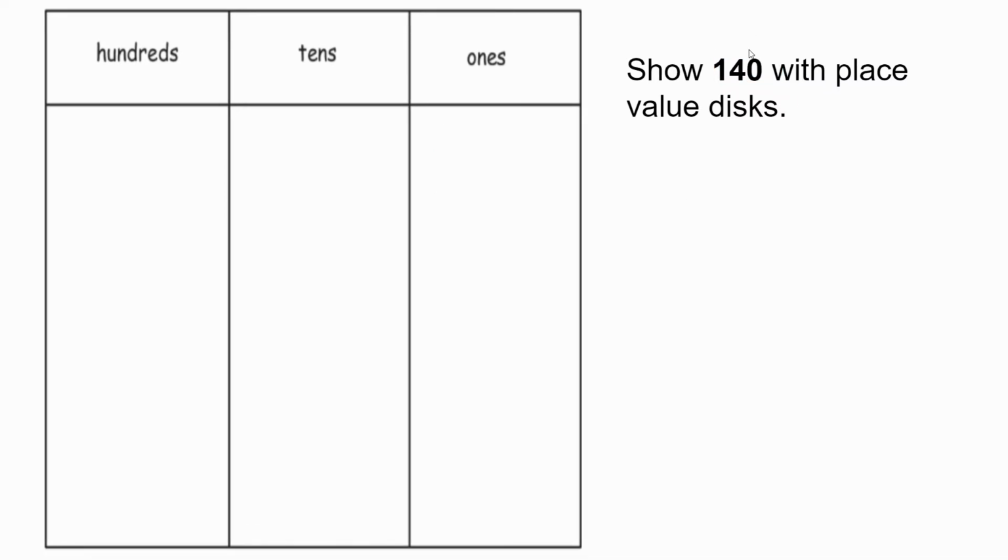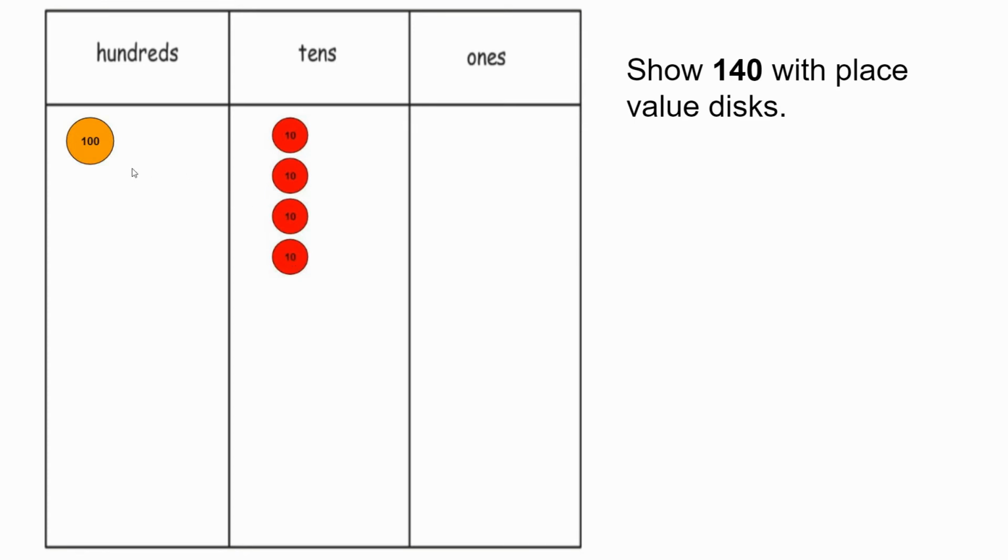Alright, let's build 140 with place value disks in the most efficient way that we can. Let's look at 140. We have 100 and 4 tens. 100, 110, 120, 130, 140.